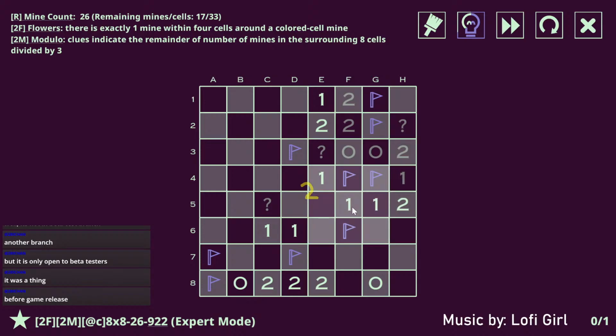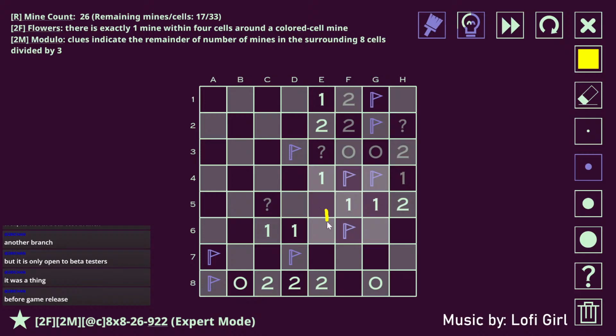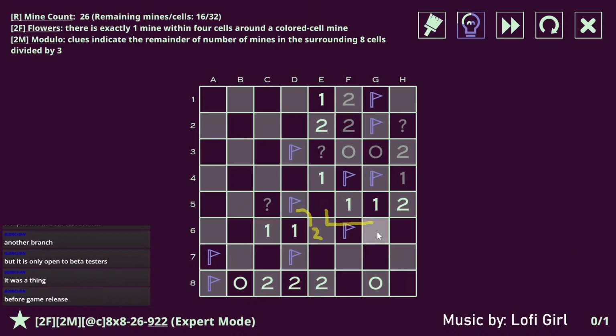This is a 1, so this must be 4 total. So there's 1 mine in here. And we know there's 2 mines in here. So it's another 2-1 pattern which gives us that.